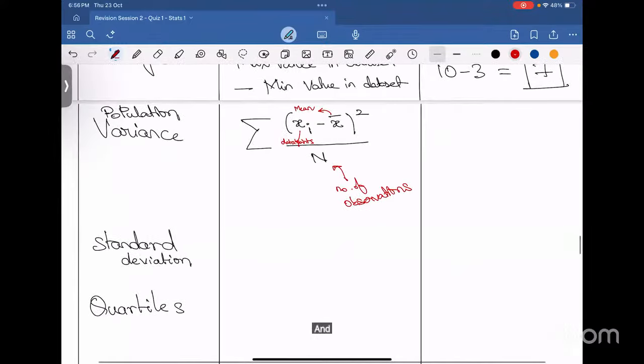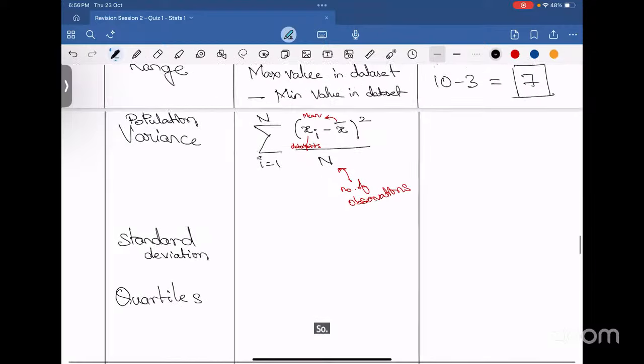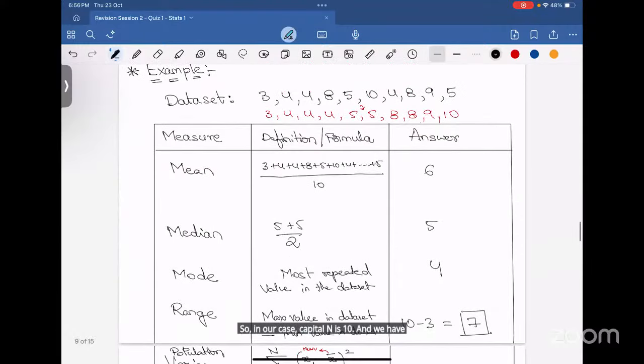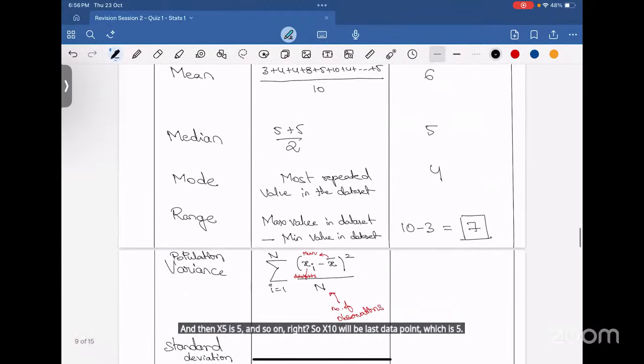And you have to take this summation starting from i equals 1 to capital N. So in our case, capital N is 10, and we have all xi's. So x1 is 3, x2 is 4, x3 is 4, x4 is 8, and then x5 is 5, and so on, right? So x10 will be the last data point, which is 5.